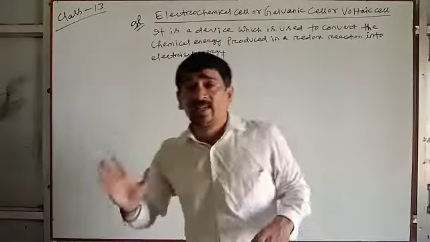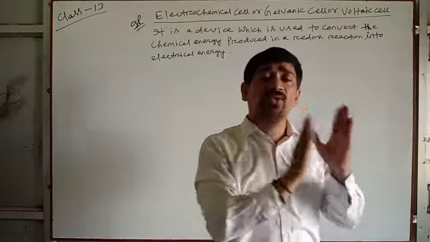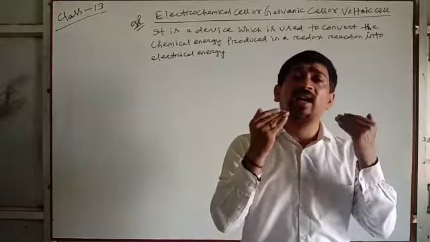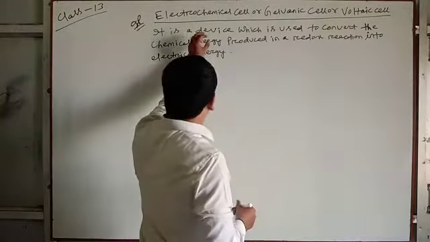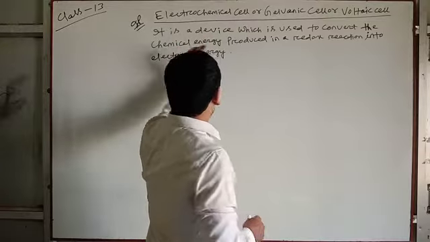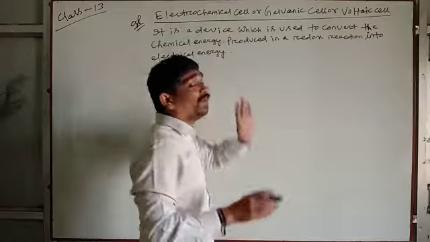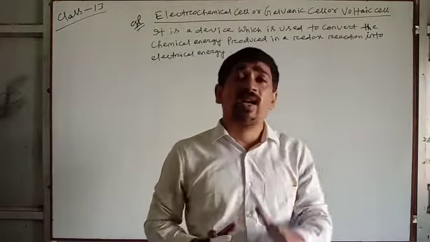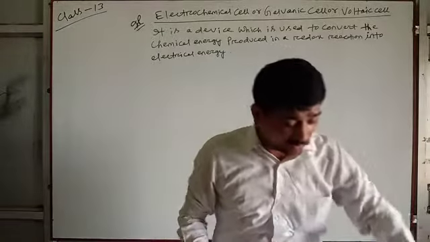The electrochemical cell, galvanic cell or voltaic cell is a device which is used to convert the chemical energy produced in a redox reaction into electrical energy. It was discovered by Luigi Galvani and Alessandro Volta, so its name is galvanic cell or voltaic cell.